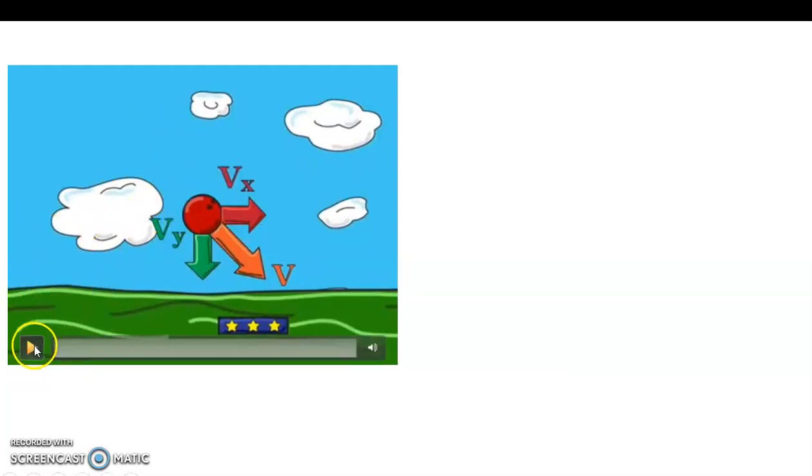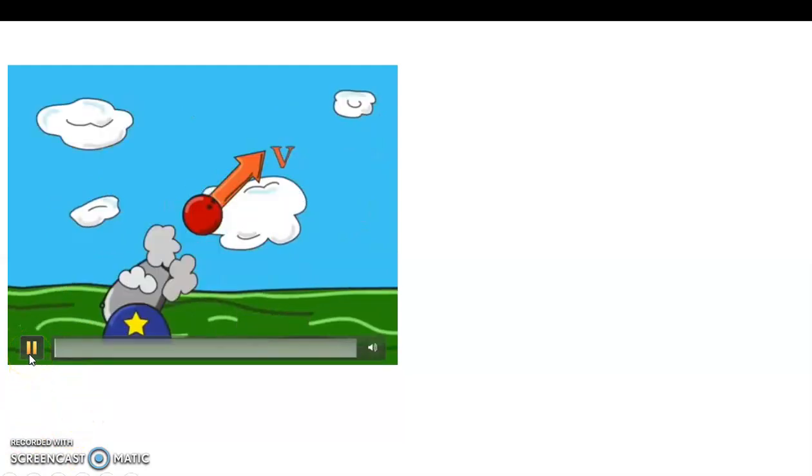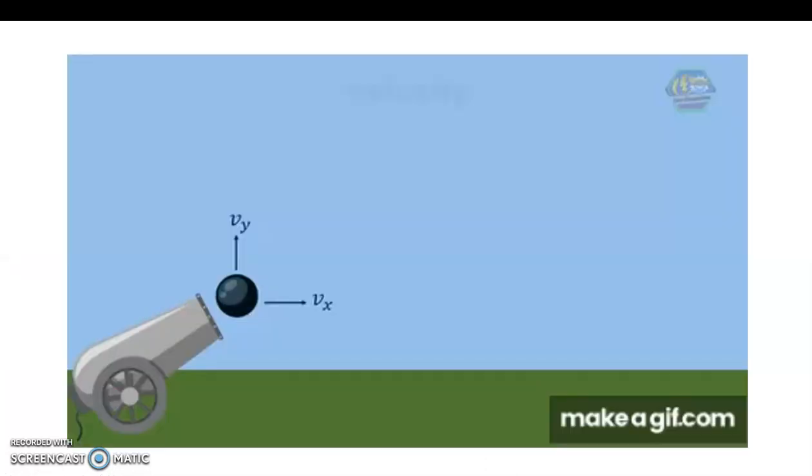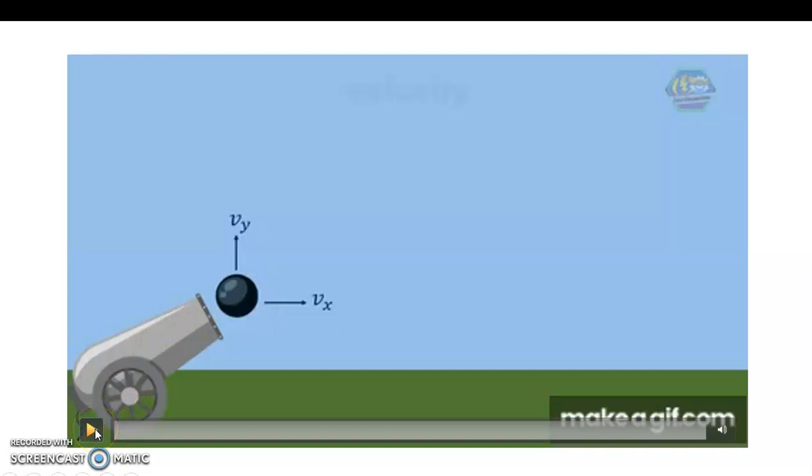I'll play it again so that you observe something. Please pay attention to the red arrow and the green arrow. You see the green arrow reducing as it's going upward, then it's increasing downward as it's coming down, while the red arrow is always constant. We'll talk about that in the next section. Now that's a video to depict what has been shown before.